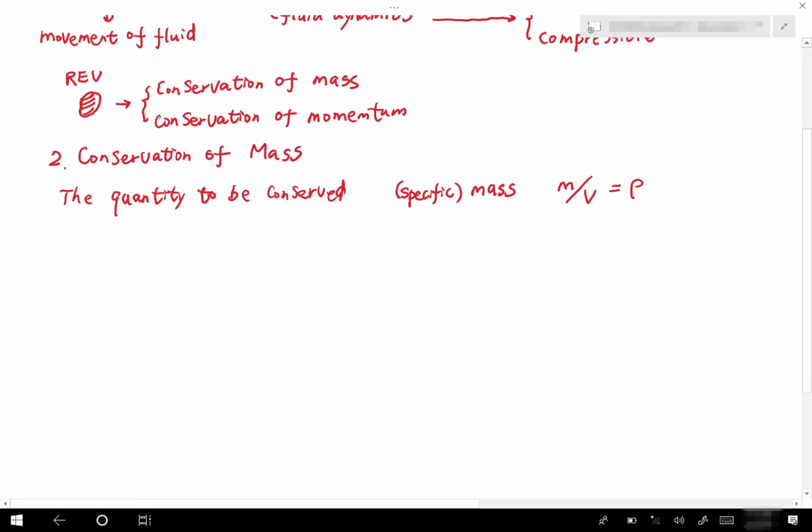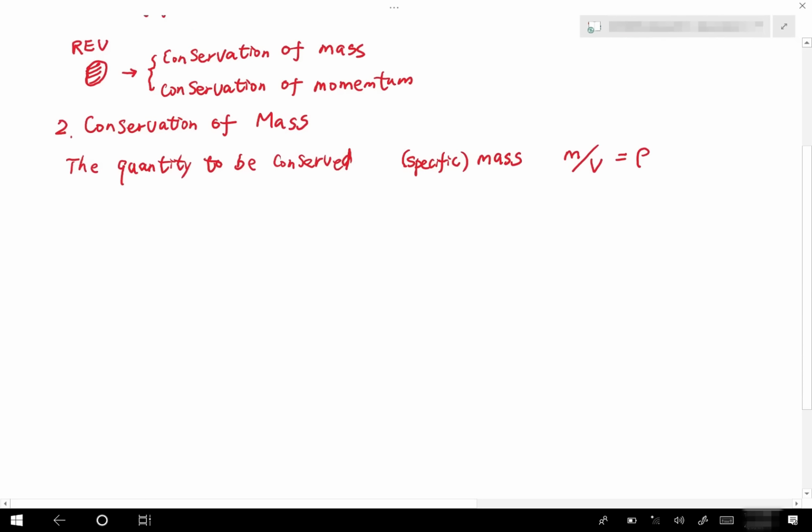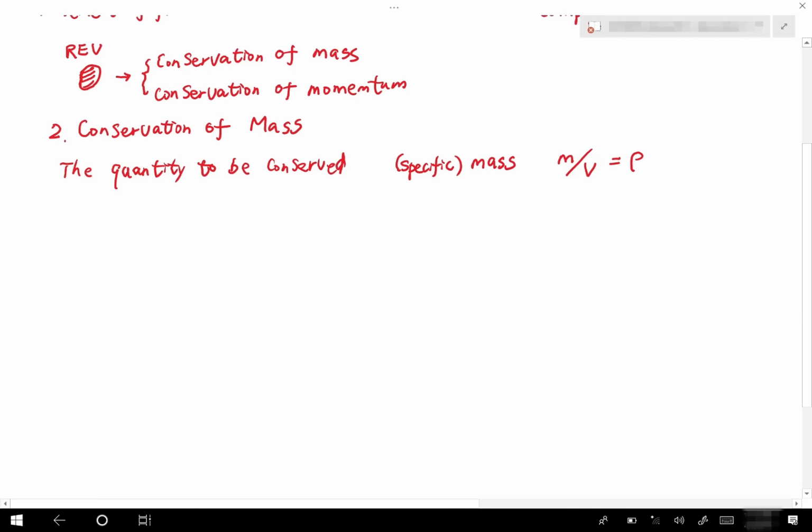With this, we can just recall the general conservation equation. Any of you still remember the equation of conservation? We have an accumulation term.